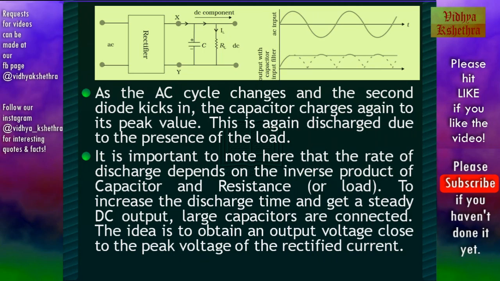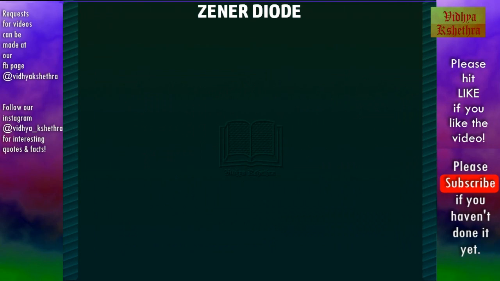To increase the discharge time and get a steady DC output, large capacitors are usually connected in parallel. The idea is to obtain an output voltage close to the peak voltage of the rectified current, so that we get an almost steady voltage.